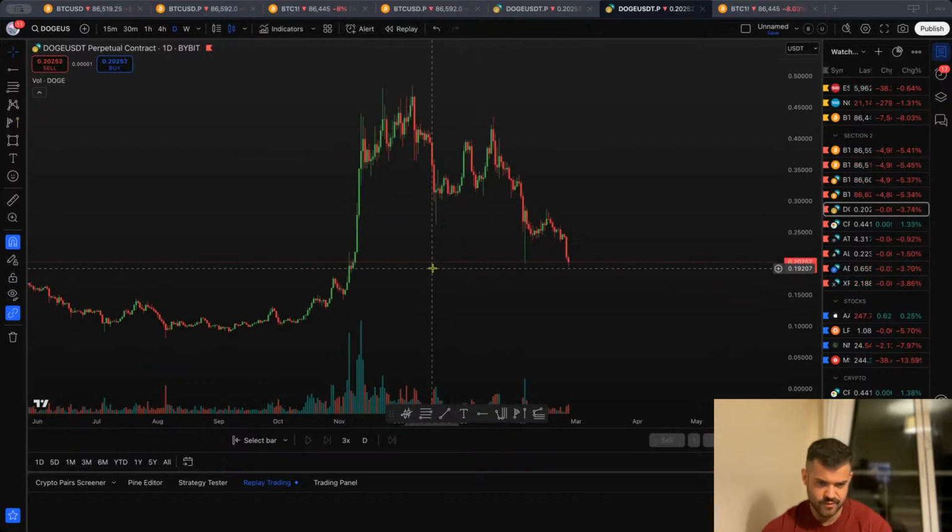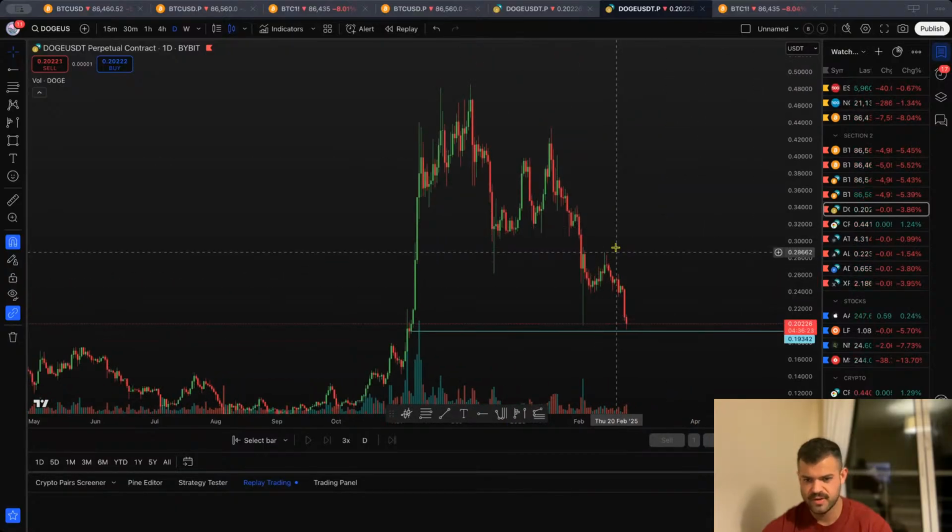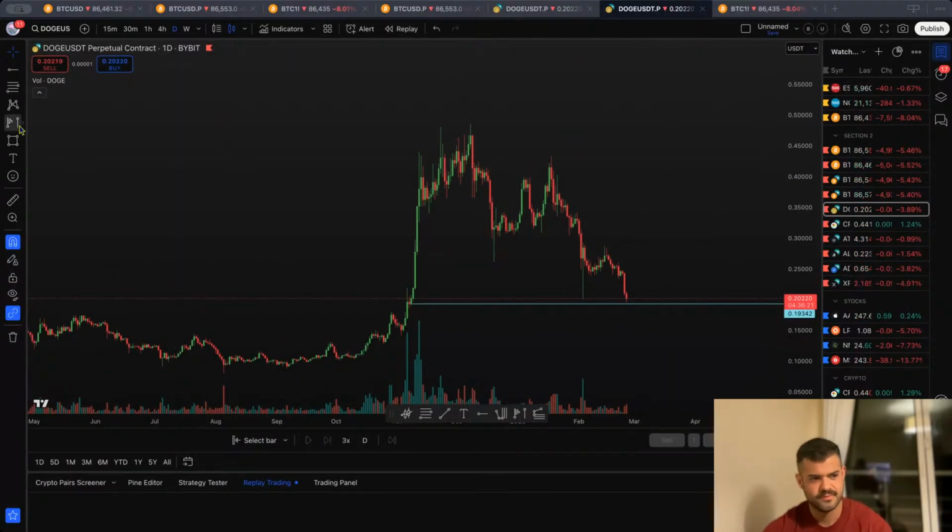We can also look for levels of confluence too. So we have a daily here. And where did it reject from? This is where it would have rejected from.